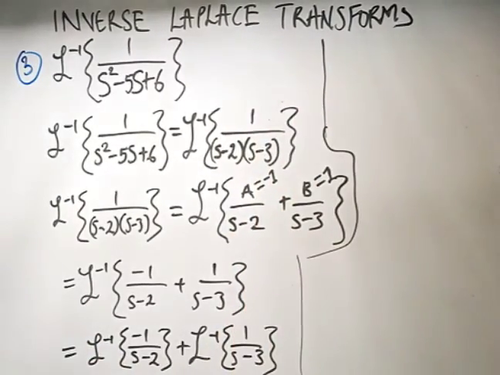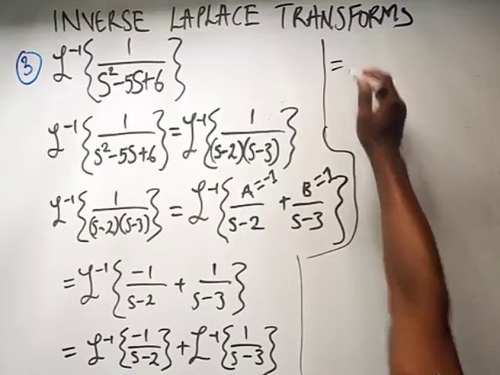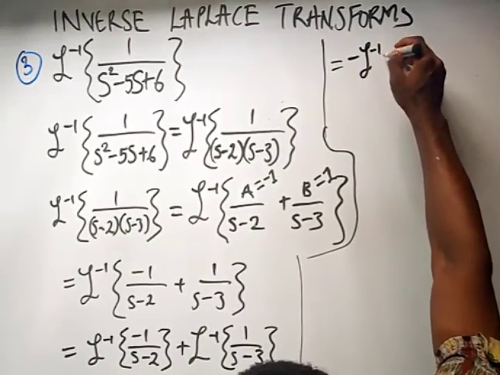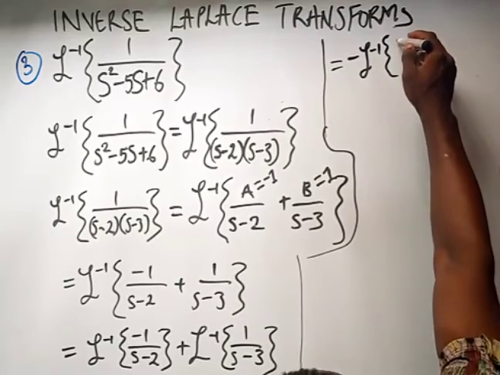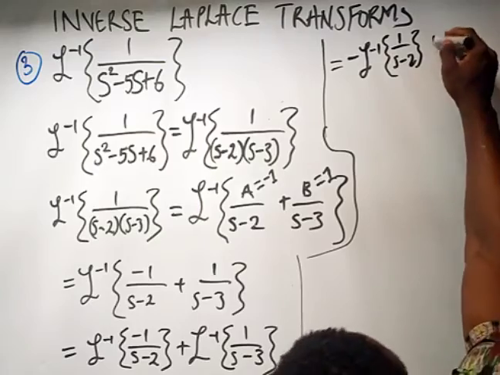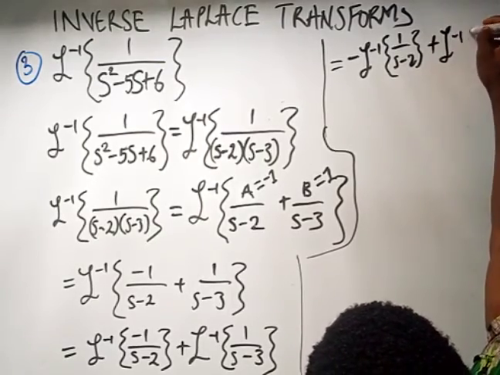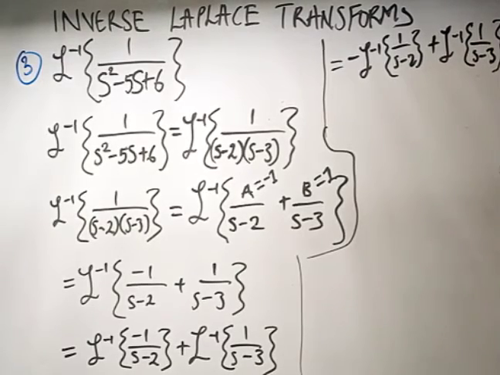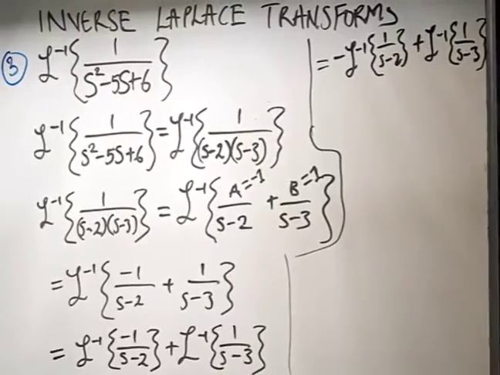So from here we can see that this will now become negative Laplace inverse of 1 over s minus 2, plus the inverse Laplace transform of 1 over s minus 3. So that is very nice like that.